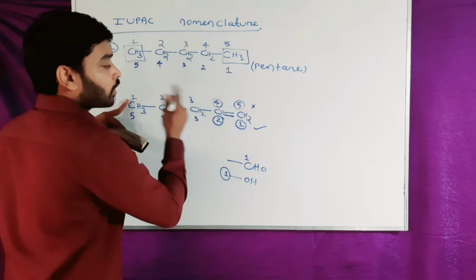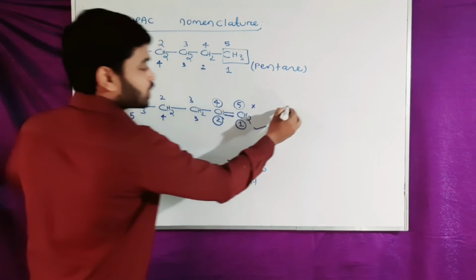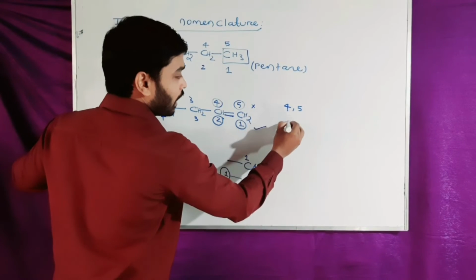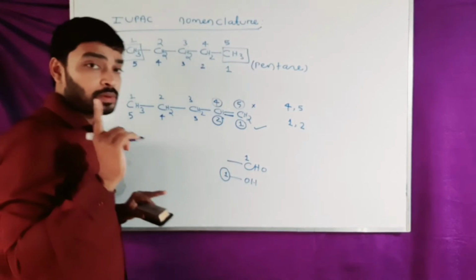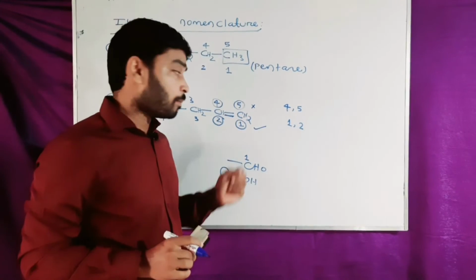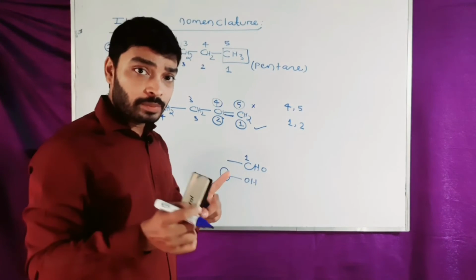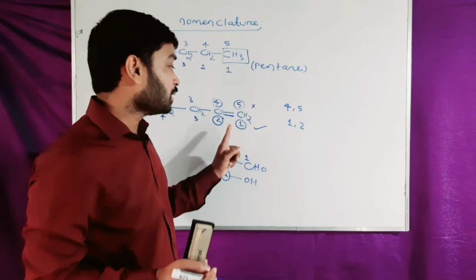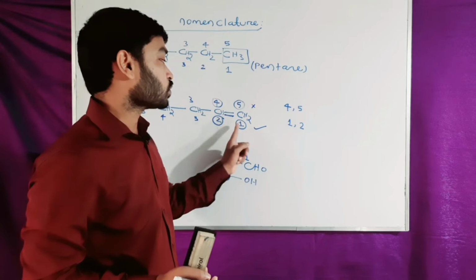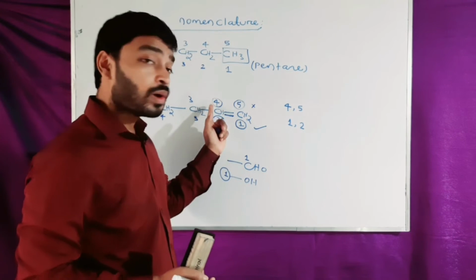Between the combinations 4 5 and 1 2, the right combination is the one where the functional group gets the minimum number during longest continuous carbon chain selection. So the minimum number combination is 1 2 rather than 4 5.